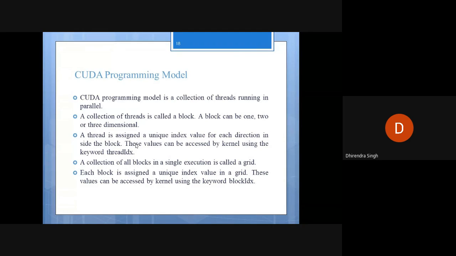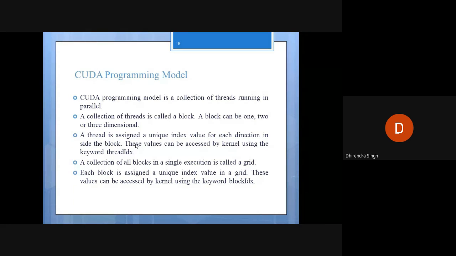There is a concept called the CUDA programming model. It is about how to map the threads we have created onto the hardware, so that our threads execute efficiently.